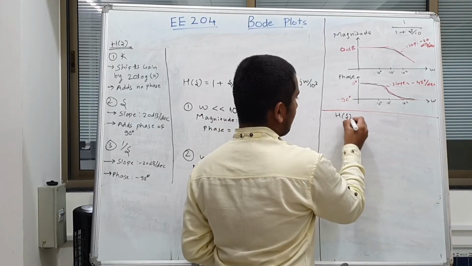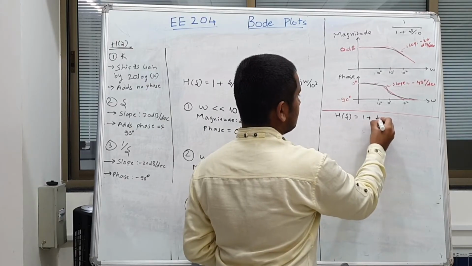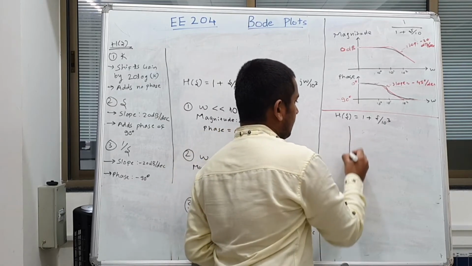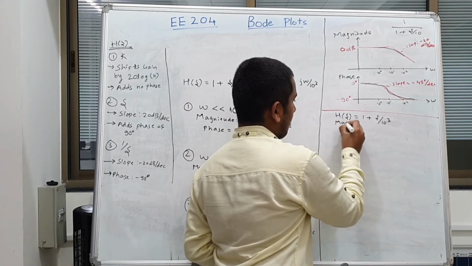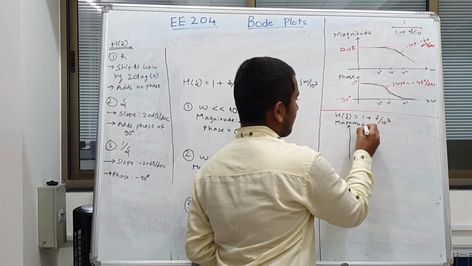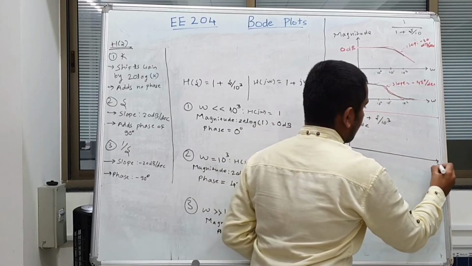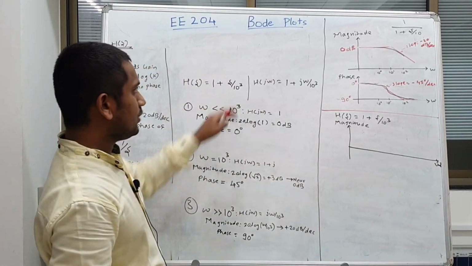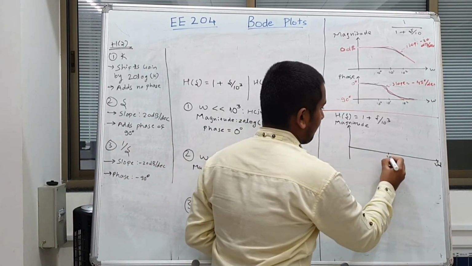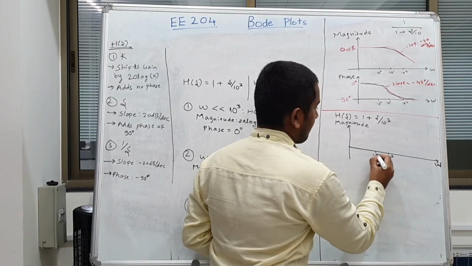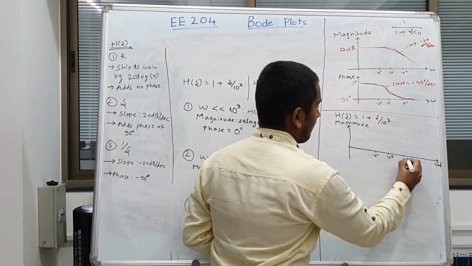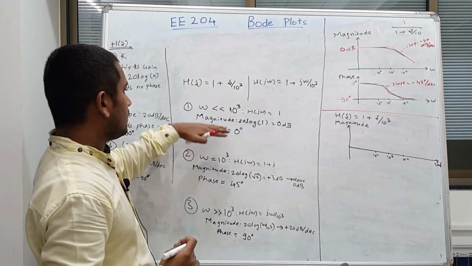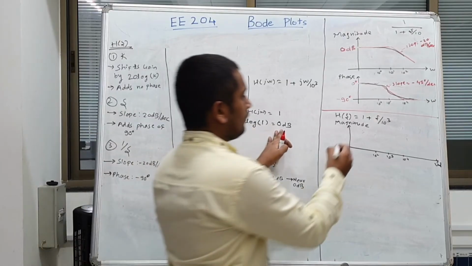Now, taking these three calculations further and drawing the magnitude and phase plot in a similar fashion for H of s equal to 1 plus s by 10 to the power 3, the magnitude plot with frequencies near 10 to the power 3 will have a magnitude of 0 dB at low frequencies.